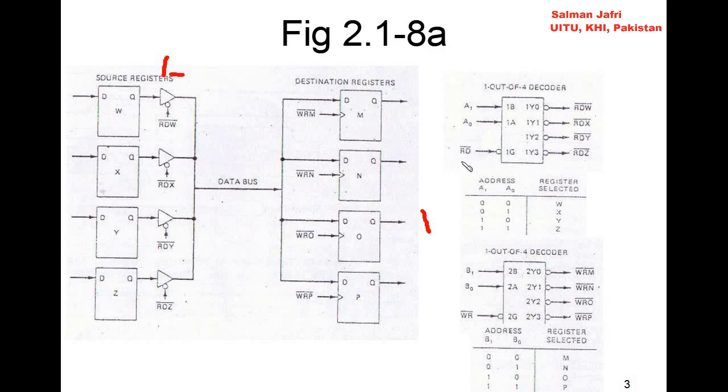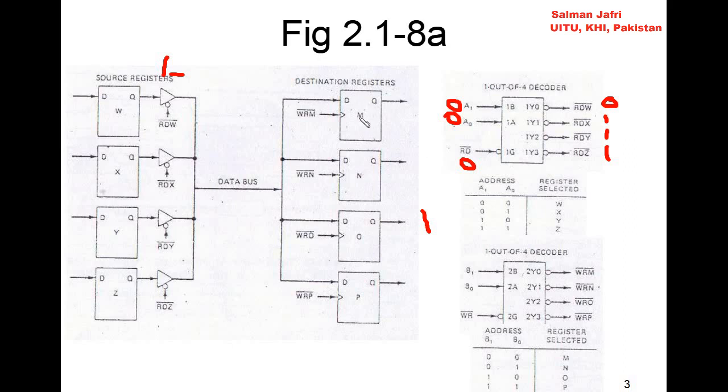For example, if RD bar is 0 and A0 and A1 are also zeros, it means RDW bar would be 0 and all other signals would be 1s. So when RDW bar is 0, this tri-state buffer would be in a low impedance state, enabled. The output Q would be read on the data bus.